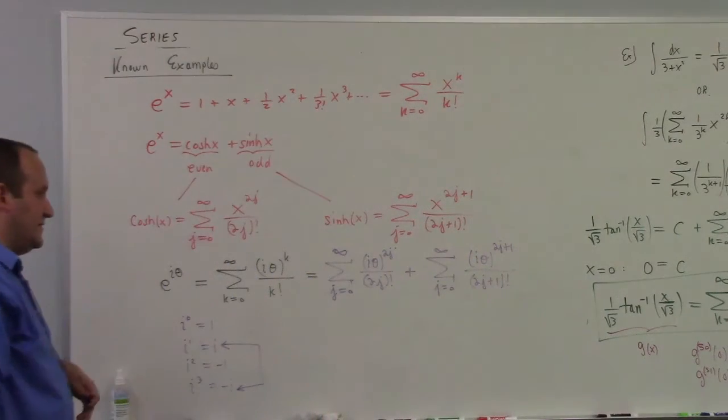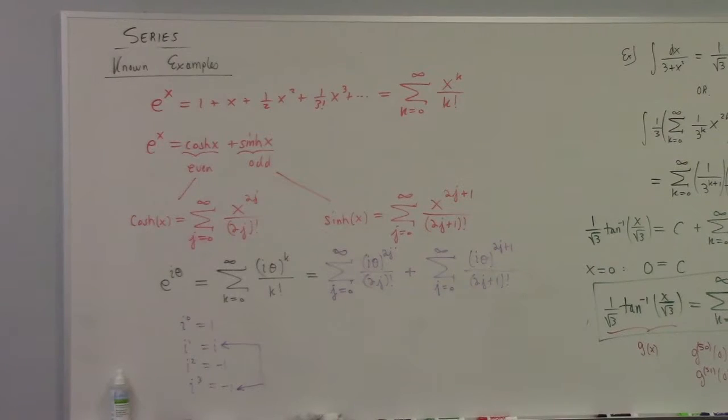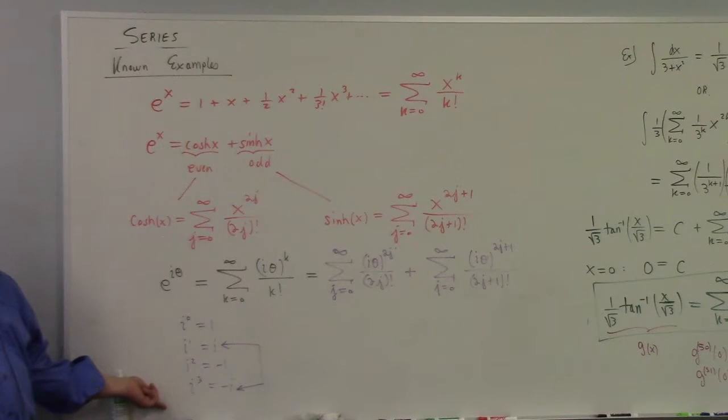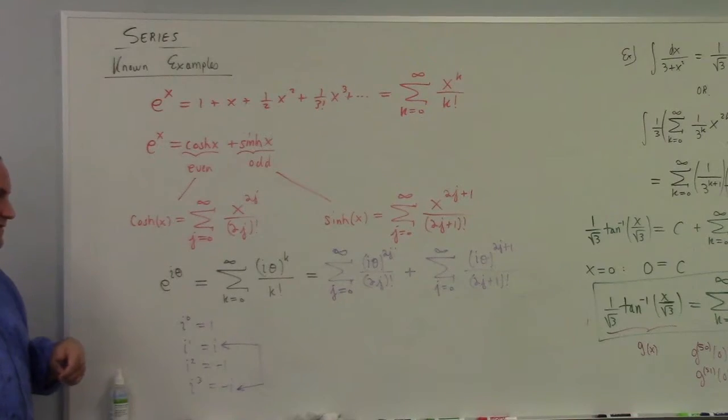What I've done is I've split it into the even and the odd parts of the series. Does that make sense, that step? And the reason I'm doing that is because I know that's going to give me the real part and the imaginary part from this calculation I did with i.